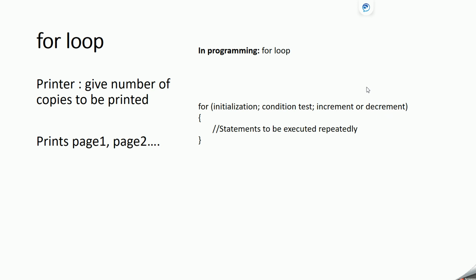Then we close the parenthesis, and then we have open braces and close braces. Then you write the code, that repetitive task that has to be executed, inside this. So let's see this using programming.